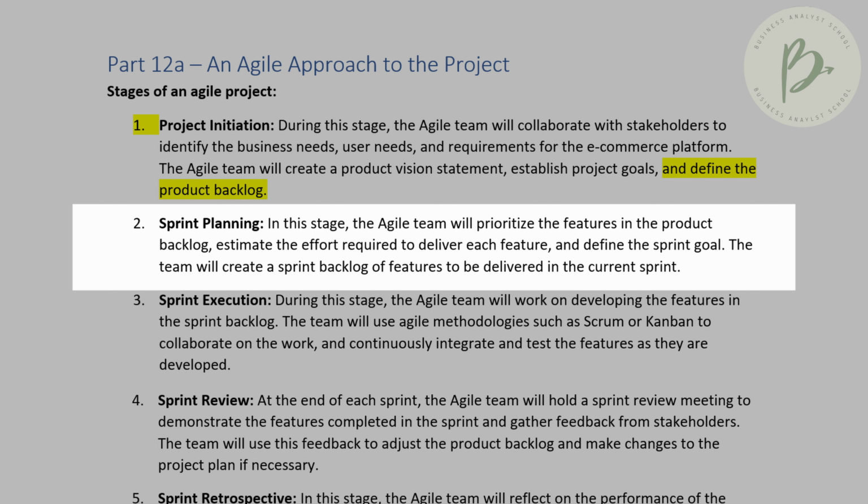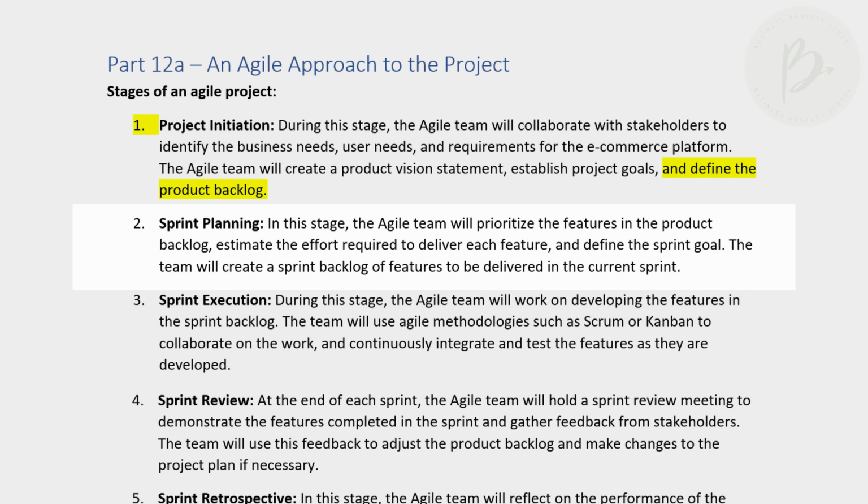Once we've defined our sprint goal, we will then create a sprint backlog, which is where we are removing a set of features or requirements from our product backlog, which holds all the requirements that we want to deliver for our project. Say there's 100 requirements in the product backlog, we'll remove 20 because it's part of our sprint goal. These have already been prioritized as well. We will then use that to create our sprint backlog, a backlog of features to be delivered in our current sprint, for example 2 weeks.